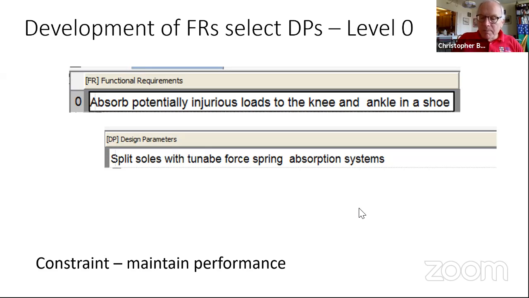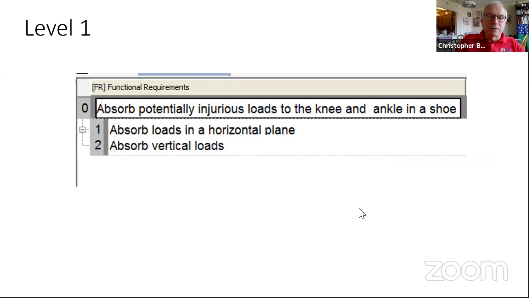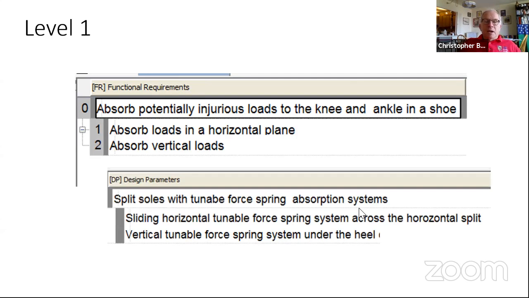Having been a high school and college athlete, I understand very well the importance of maintaining performance. So we want to decompose absorbing potentially injurious loads into absorb horizontally and absorb vertically. That should pretty much cover it. And so we need some sort of sliding horizontal tunable force system for absorbing the horizontal loads and some sort of vertical system under the heel for the vertical loads.